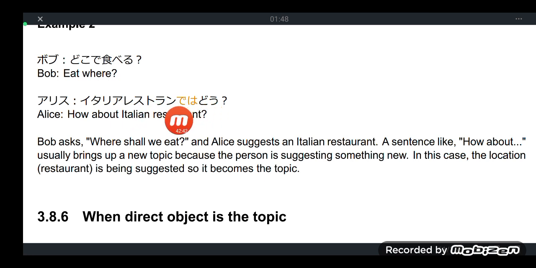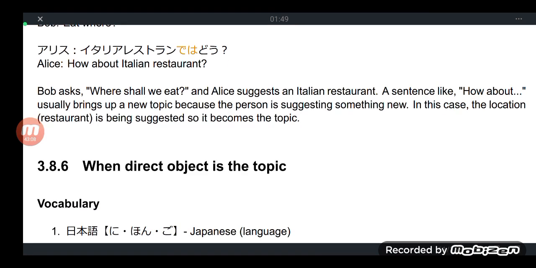So, what kind of place does he want to recommend to eat? Italian restaurant. By what kind of place? De. And this Italian restaurant is the topic. So when the location is the topic, we can add the wa or mo after the de.